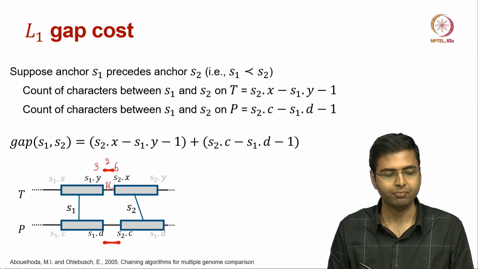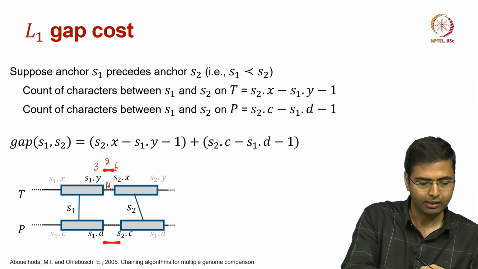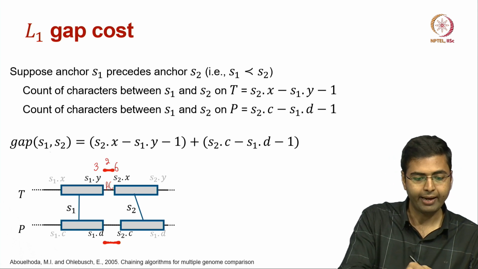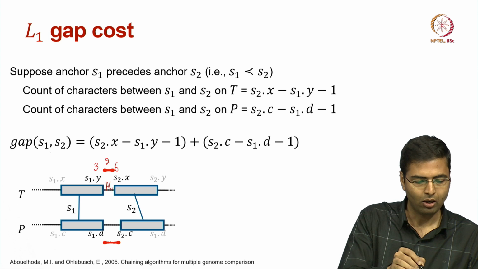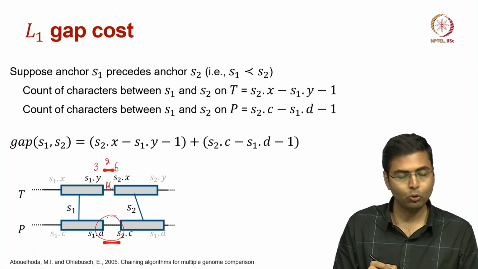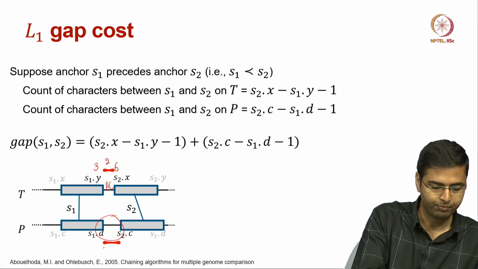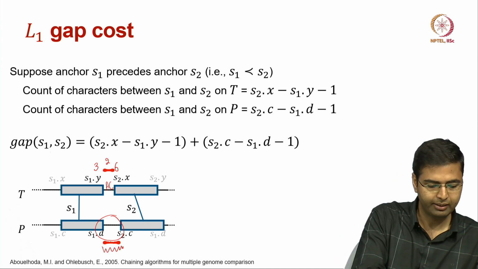Similarly, by the same logic, the count of characters between S1 and S2 anchors on pattern P would be given by S2.c minus S1.d minus 1. These would be the characters right here.